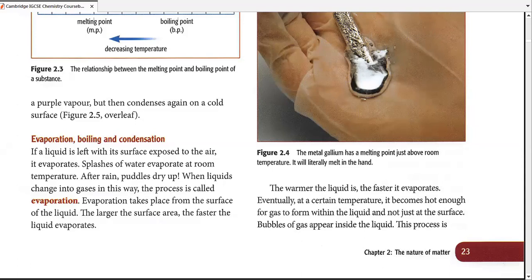However, if the surface area is larger, the liquid will evaporate faster, and the warmer the liquid is, or the warmer the atmosphere of the liquid is, the faster it evaporates.